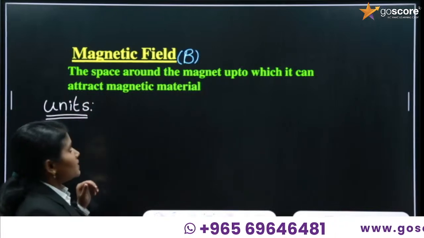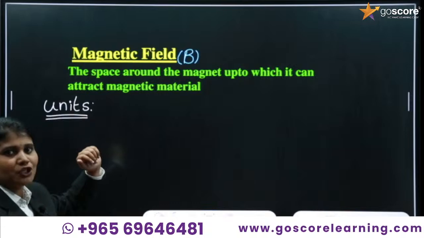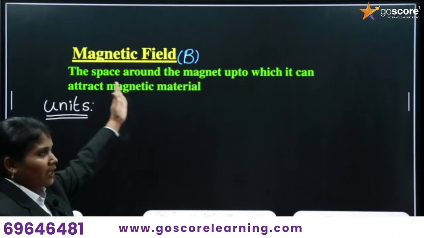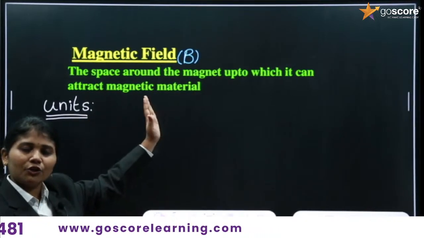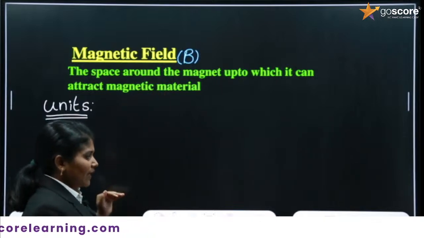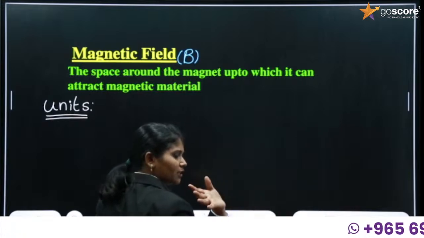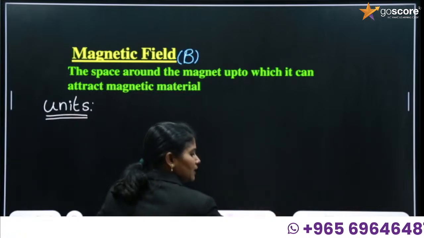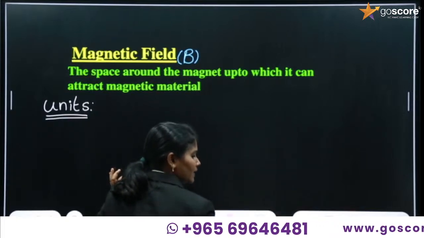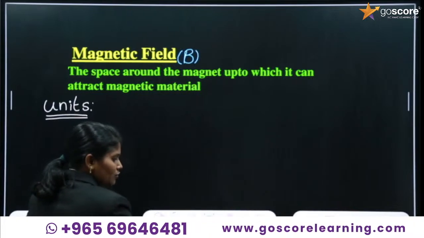It is the space around the magnet up to which it can attract. That is a magnetic field, B. Up to a certain area the magnetism is present, so it is attracting. Beyond the field lines it is not attracting.